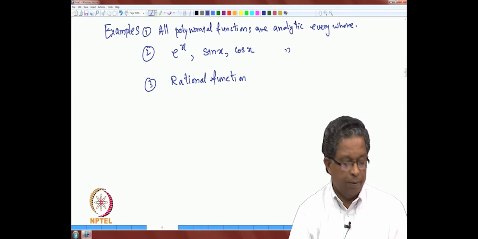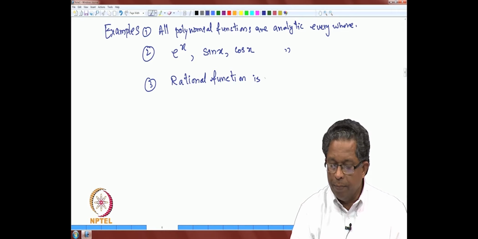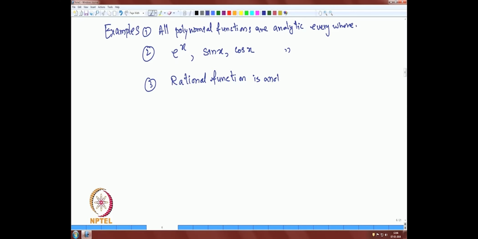So, rational functions are analytic except those values of x at which the denominator is 0.